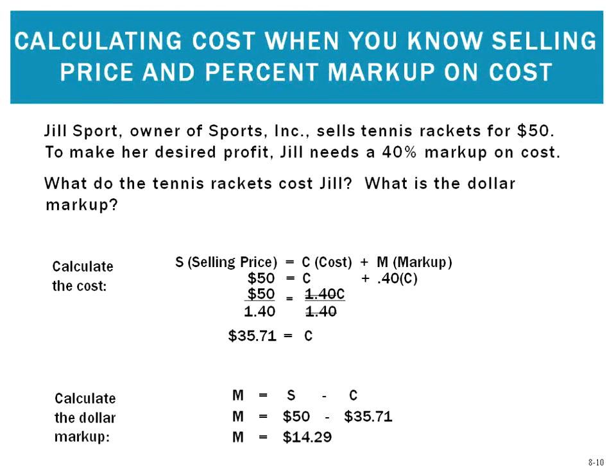Okay, calculating cost when you know the selling price and the percent markup on cost. So now we know that the selling price is $50. She knows that if she sells it for more than 50 bucks, people aren't going to buy it, so she needs to sell it at exactly 50 bucks.